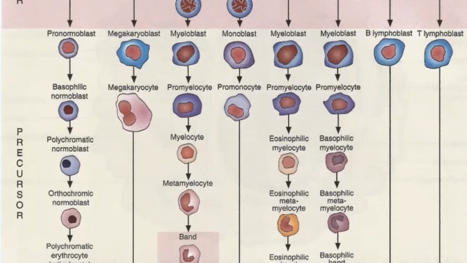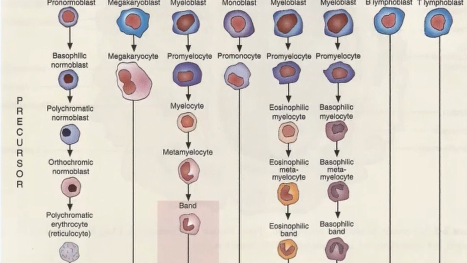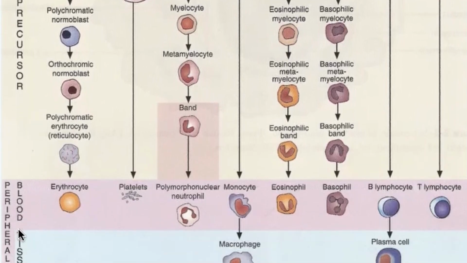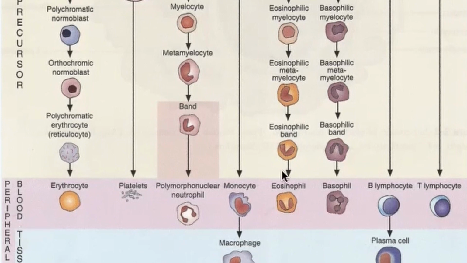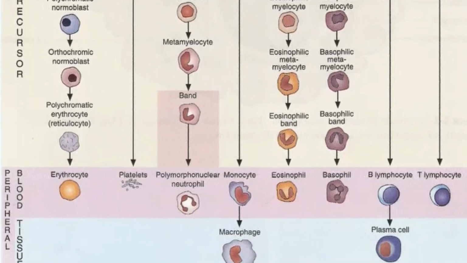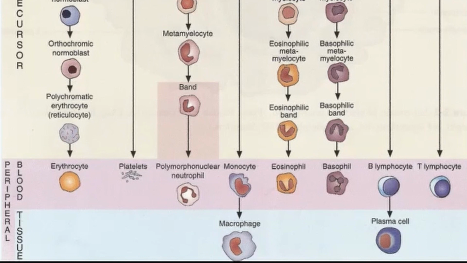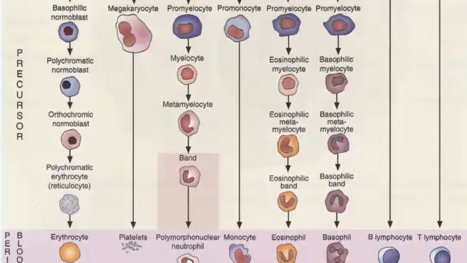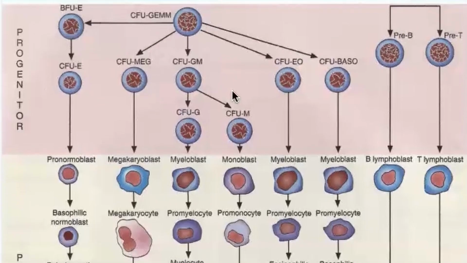And the cyte would be the mature version of it, which you would find in the peripheral blood as well as the tissues. So you would expect different progenitors, like colony forming unit for the erythrocytes, colony forming unit for the megakaryocyte, and for the granulocytes.